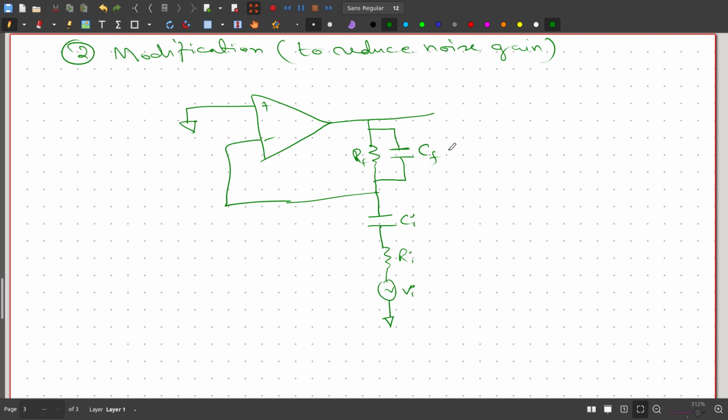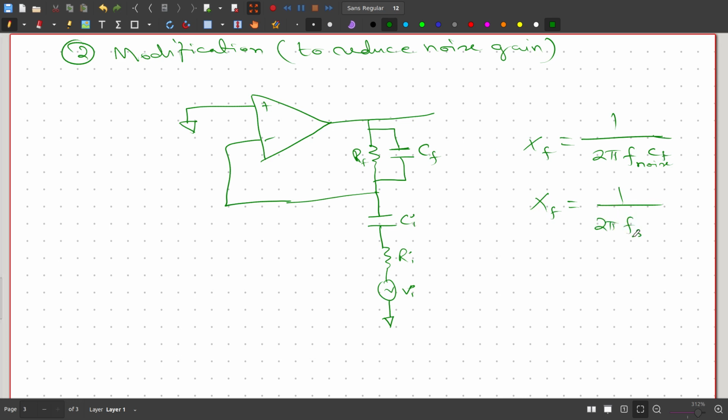With the addition of this second feedback capacitor, when we have a high frequency input noise, the reactance shown by the capacitor is 2 pi f noise into CF, and for the signal frequency it is 2 pi fs into CF.